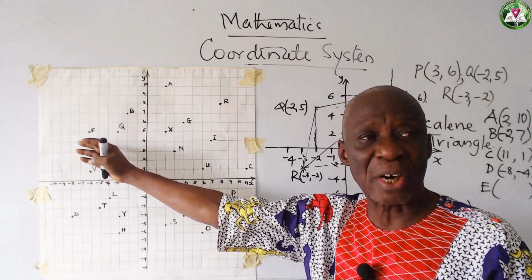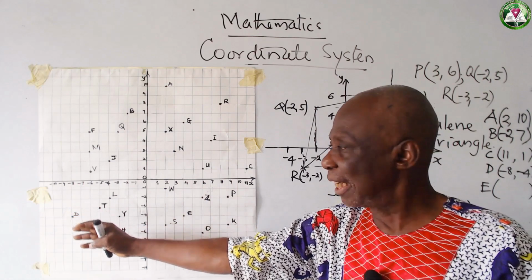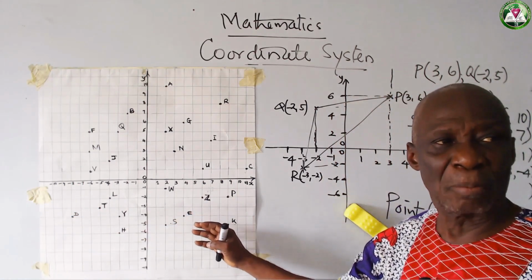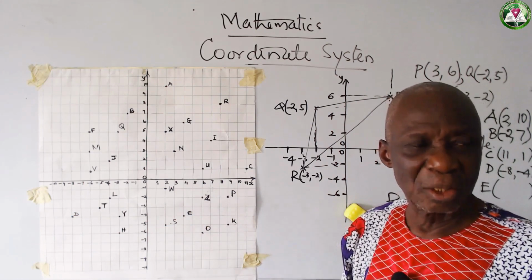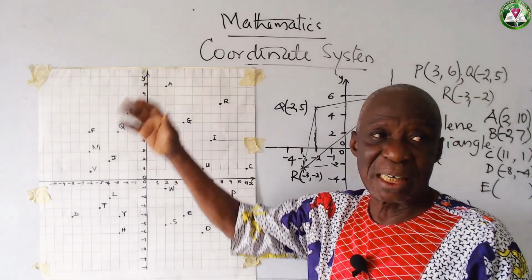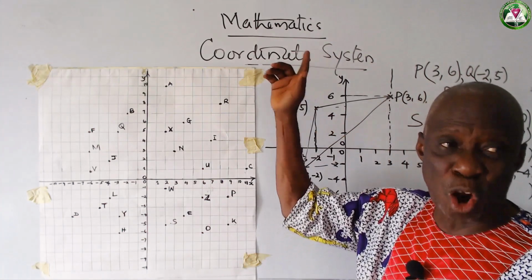That is second quadrant. I will go down. Left hand side bottom. Third quadrant. I will go right hand side bottom. Fourth quadrant. So that is how we name them. First, second, third, and fourth, starting from the right hand side top.